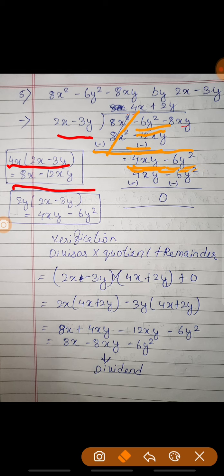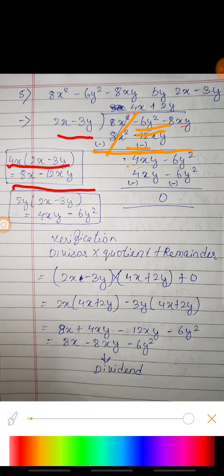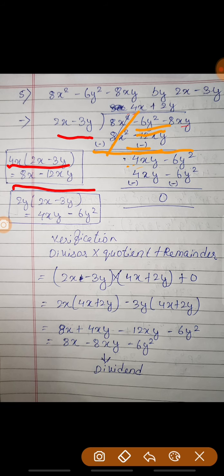After this we are coming to the second term. What is the second term with which we will divide? To find that, we have taken the second term, which is equal to 2y. So 2y is multiplied with 2x minus 3y, because 2x minus 3y is the divisor over here.